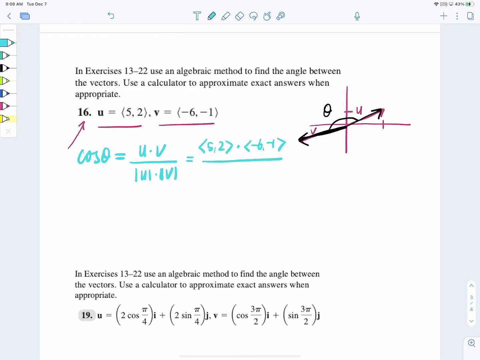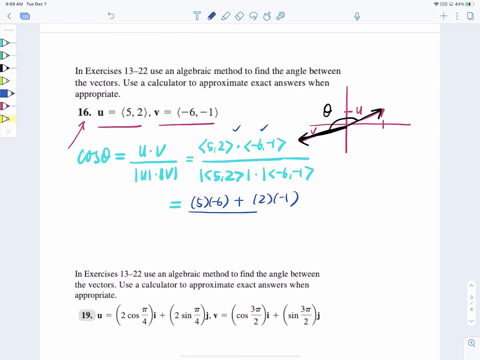You don't have to write these kinds of things for me anymore, and you don't have to write out the calculation of what you did anymore either. For the dot product, I still want to see it: 5 times -6, plus the sum of the vertical components.